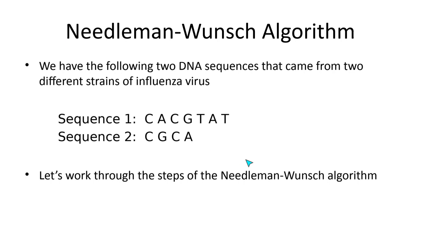And we'll say these two came from two different parts of the DNA of the influenza virus. Viruses tend to mutate really rapidly, so their DNA sequence changes pretty quickly through time. Let's go through all the steps of this Needleman-Wunsch dynamic programming algorithm to get all possible alignments.